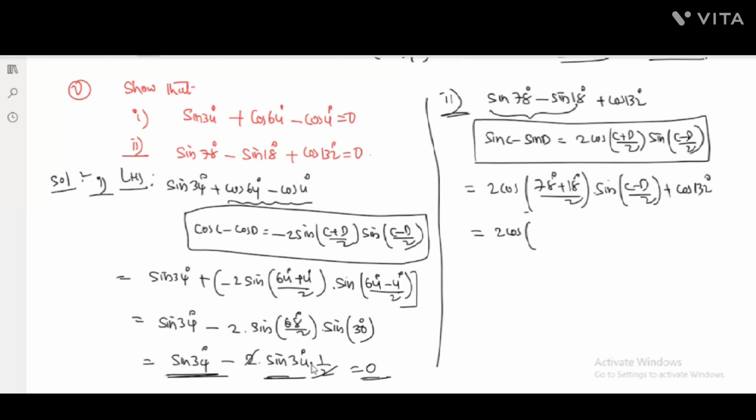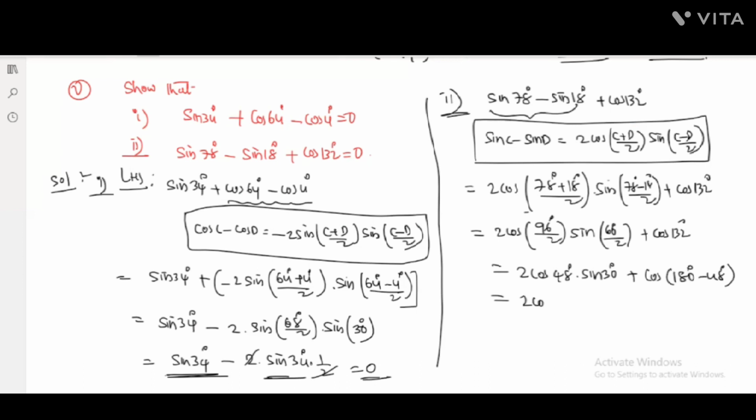So 2 cos, what we'll get here? 96 by 2. Sorry, here I wrote C minus D only. So what we will write here is 78 minus 18, so sine 60 by 2 we will get here, plus cos 132. So here what we are getting is 96 by 2, meaning 48, into sine 30, plus cos 132, which we can write as 180 minus 48.